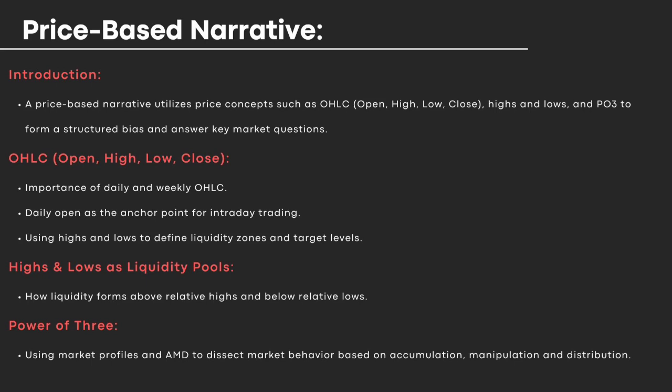And you know that these levels act as a key reference point for price action and provide structure to the daily candle or the weekly candle's market behavior. Now, the reason the open high low close levels are so important is because, first of all, they act as anchor points for both intraday and swing trading. It helps you determine whether the market is trending, consolidating, or reversing, or whether it's overbought or oversold, right?